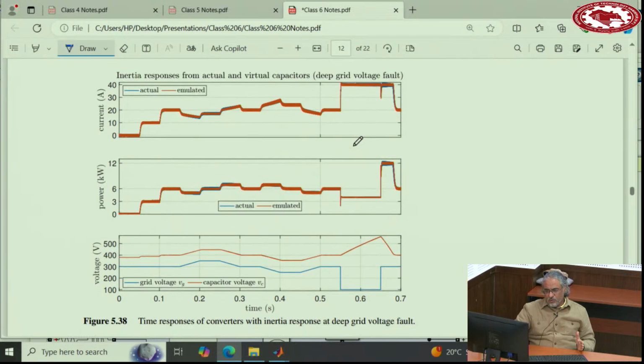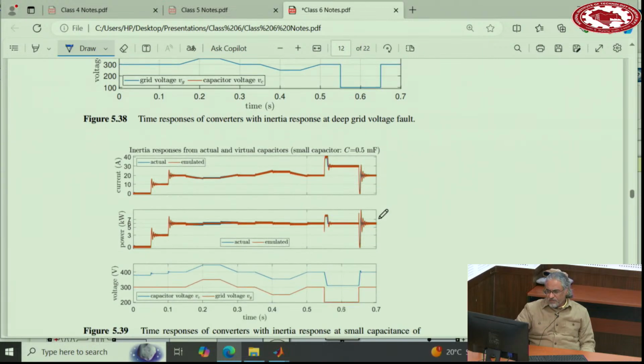And this power is coming from the initial stage. If it's two stage, it's coming from the PV, let's say, or if it's single stage, it's your set point. So the excess of power will go to the capacitor and increase the voltage of the capacitor. So you need to choose the capacitor large enough that this rise of the voltage is not going to harm your circuit. This is another indication of how to design the capacitor, if it's an actual capacitor.